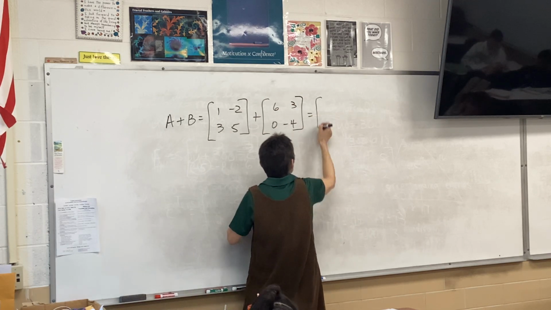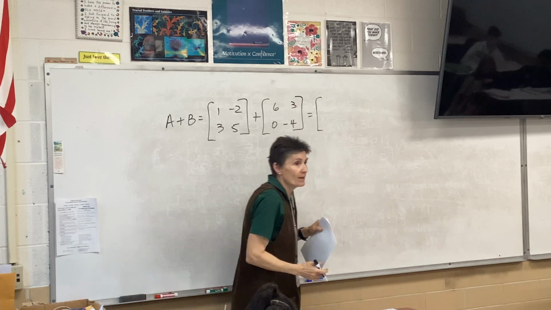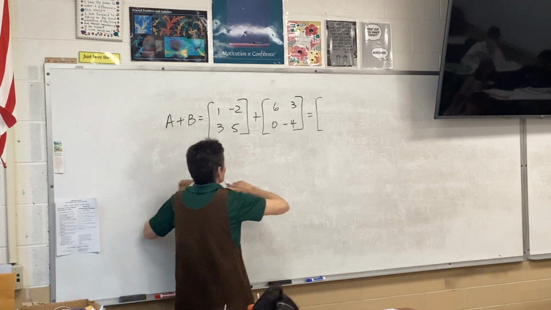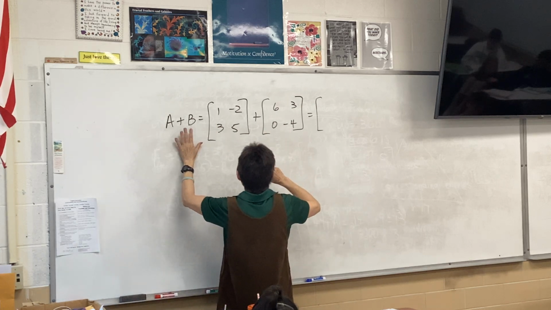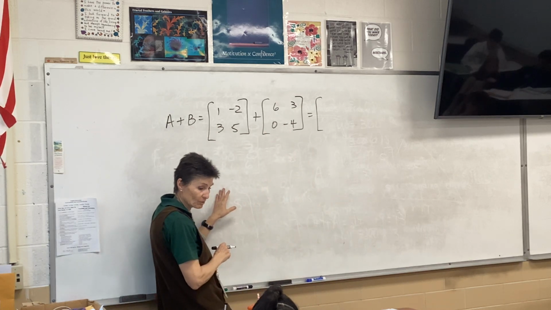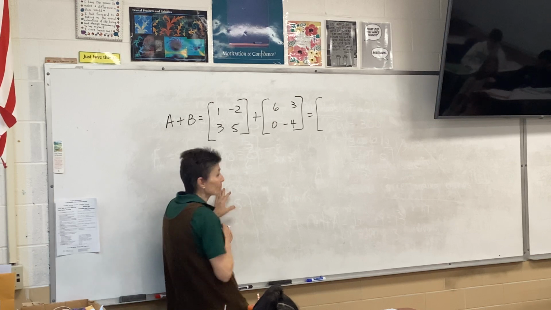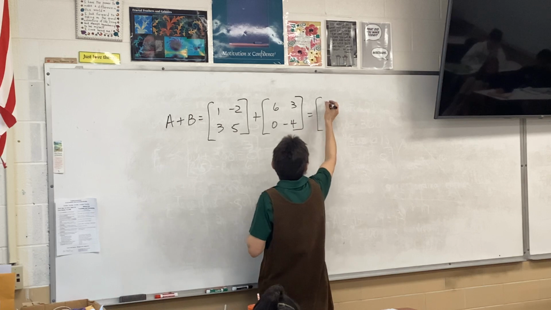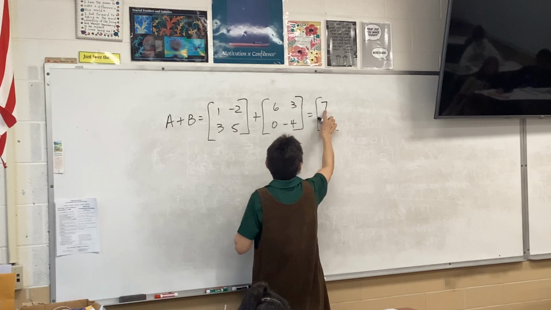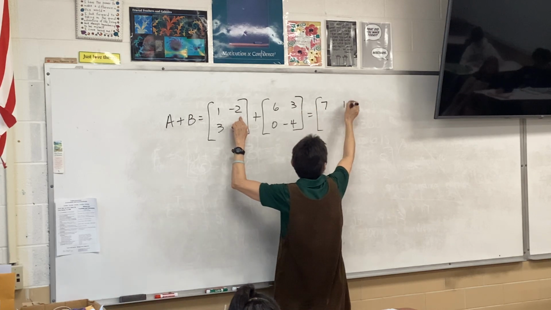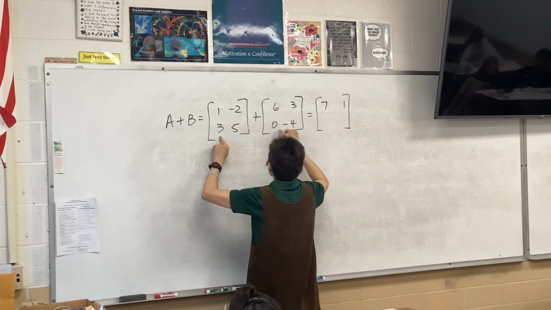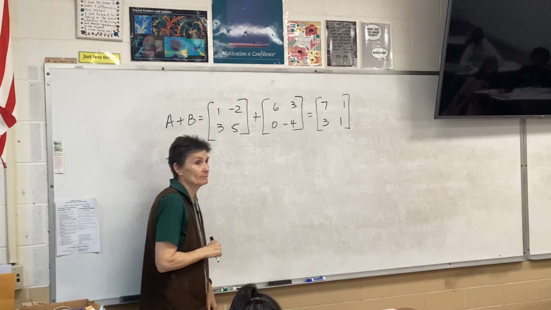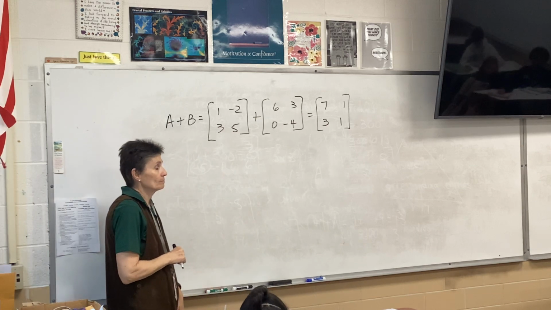I am 100% sure that you can. Take a wild guess. What do you think we do? We're going to add these two matrices together. This is problem 2A. So that's going to be a 7, a 1, 3, and 1. How does that look to everybody? Beautiful.